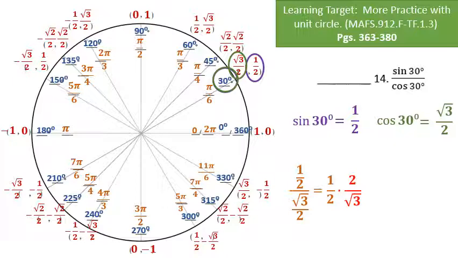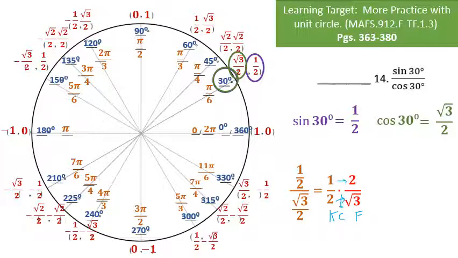But remember how we do that. Keep, change, flip. You keep the first fraction the same, change division to multiplication, and flip the second fraction. So now square root of 3 is on the bottom, 2 is on the top, and we can multiply straight across. Well, notice what's going to happen.